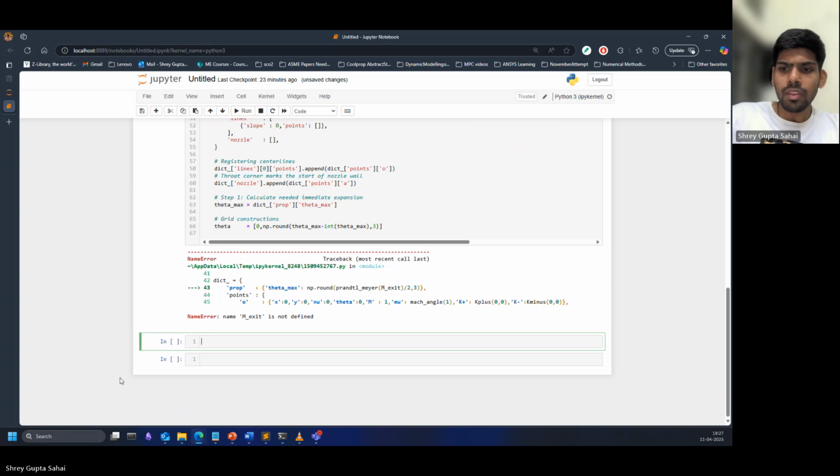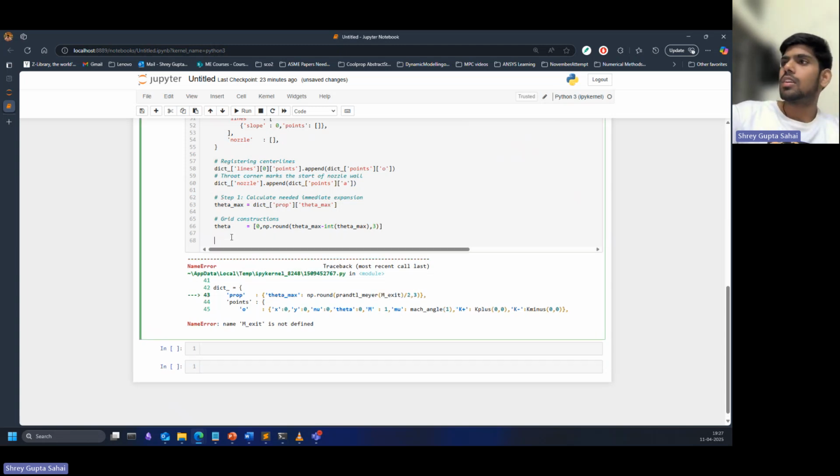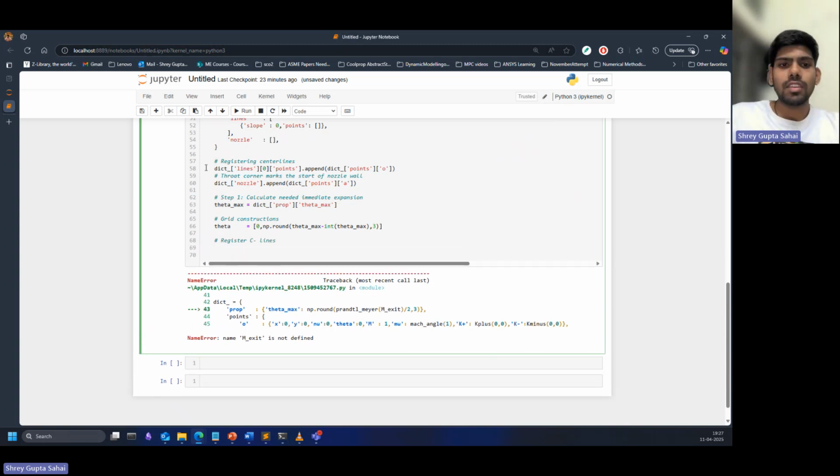So once I do this, then there is a process of registering all the C minus lines. So let's register C minus lines.